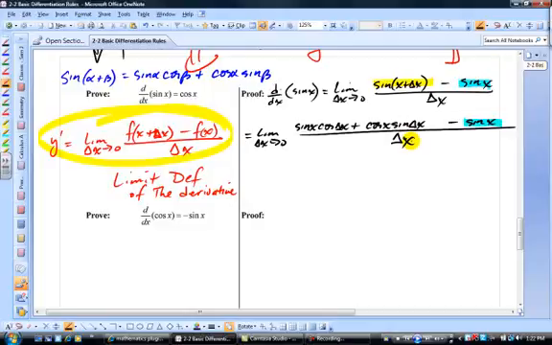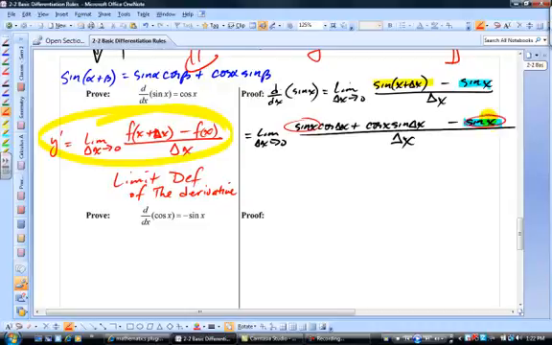Then I have to get creative here to generate a cosine. What I notice is that the first function here has sine x involved here and here.